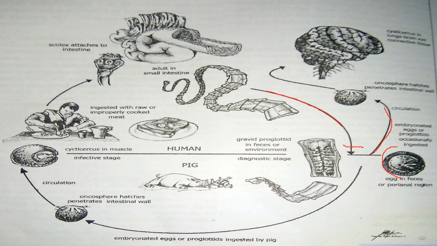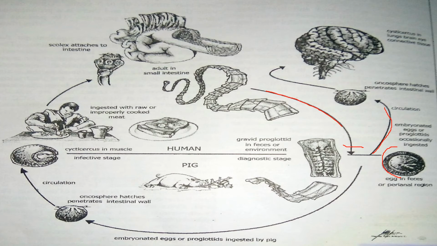Okay? Auto-infection is possible via the fecal-oral route due to poor hygiene, and that is external auto-infection. External means outside the body, by the fecal-oral route.